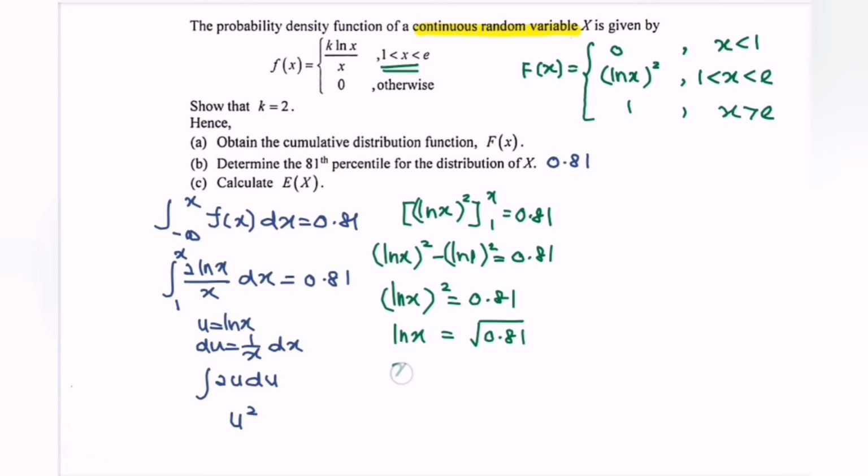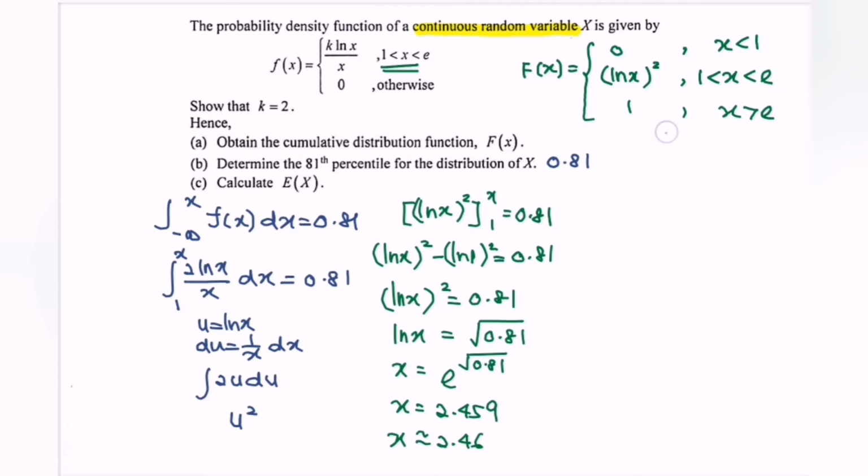Next we have x, which is equals to e to the power of square root of 0.81. So by referring to the calculator, we have 2.459. If we round up the situation, 2.46. So that's why we only take the positive square root, not the negative square root. So here we are using the PDF.